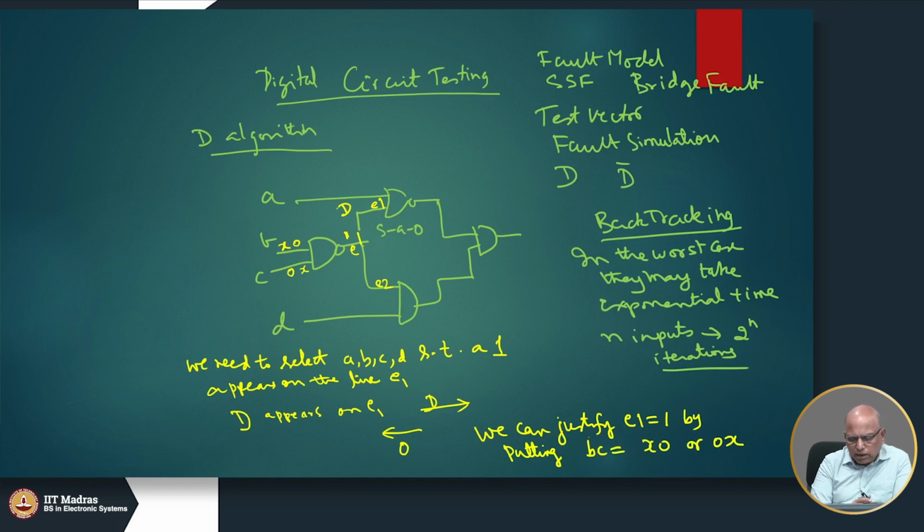Now we are not done, we are only partially done. We were able to activate the fault, but we have to propagate the fault. In order to propagate the fault, we need to put a 0 here, because if I put a 1 here, this will become 0. It will not propagate the fault further. Whereas if I put a 0 here, then 0 NOR D will be D bar. So, the fault has moved forward.